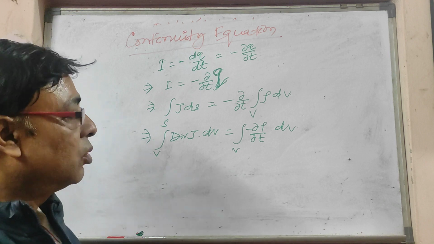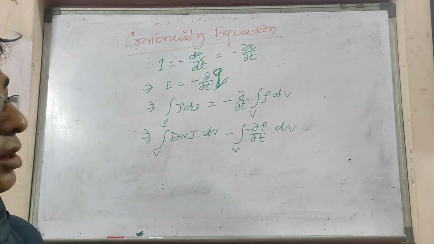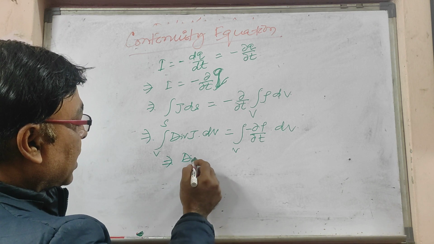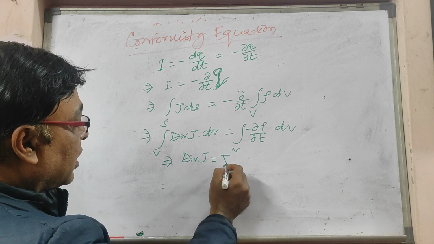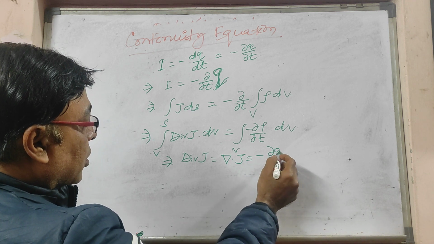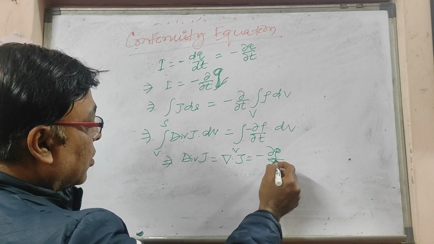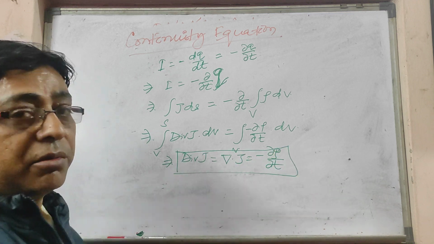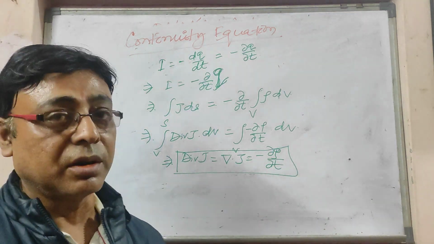If we cancel the integration on both sides, from this we can write div J or del dot J = -∂rho/∂t. This is called the continuity equation or fifth Maxwell's equation.